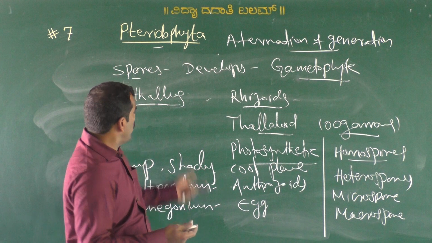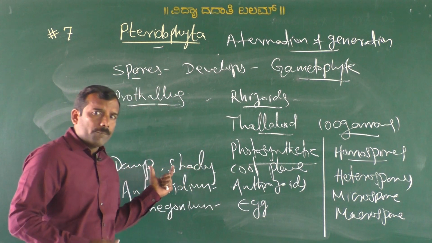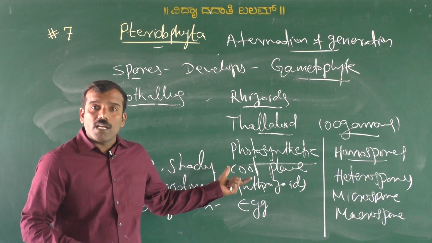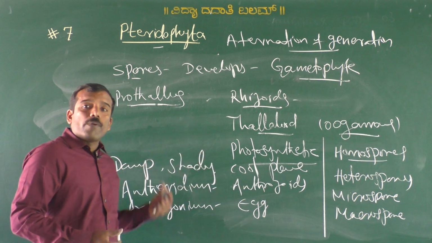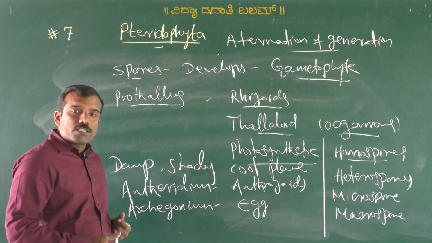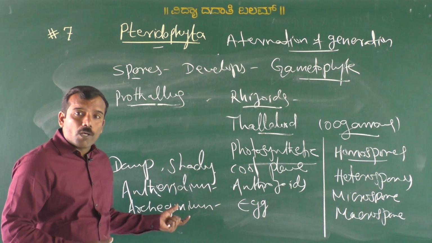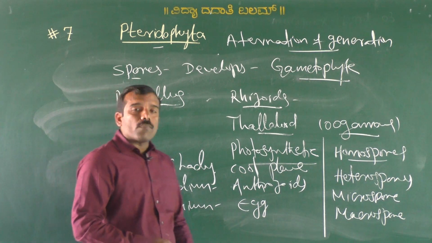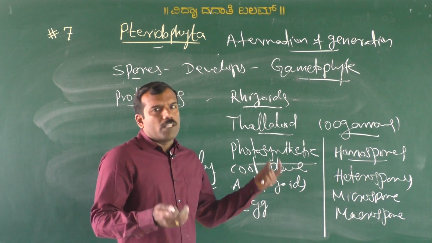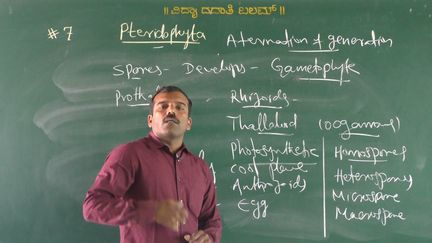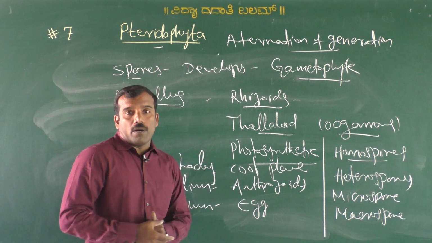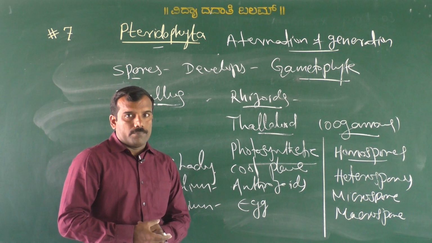After the formation of prothallus, the sex organs are formed. In male prothallus, male sex organ, antheridium. Macrospore develops into female prothallus, they produce archegonium and it produces egg. Then once again fertilization takes place, zygote is formed, that develops into new plant body, that is sporophyte.